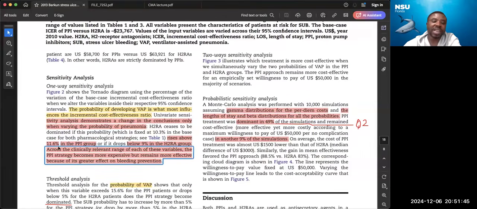But you have to change that probability to 11.6% for the H2 array to cease to be dominated.